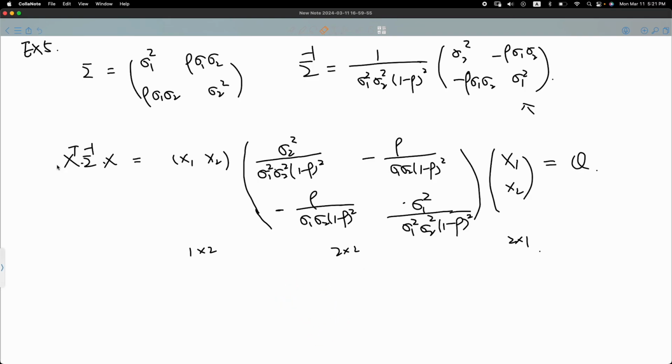So if we use X multiplied by sigma inverse, which we formulated here, and then multiply by another copy of X, we get this formulation, and it turns out that's the formulation of Q from the question. And X is going to follow a multivariate normal, in our case bivariate normal. So we know that X transpose sigma inverse X is going to follow a chi-square with degree of freedom 2.